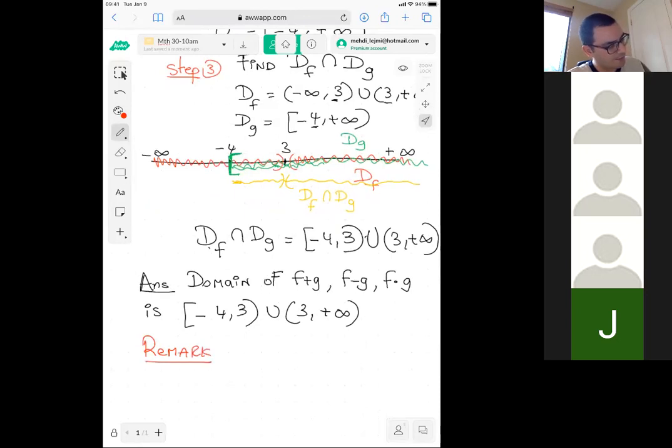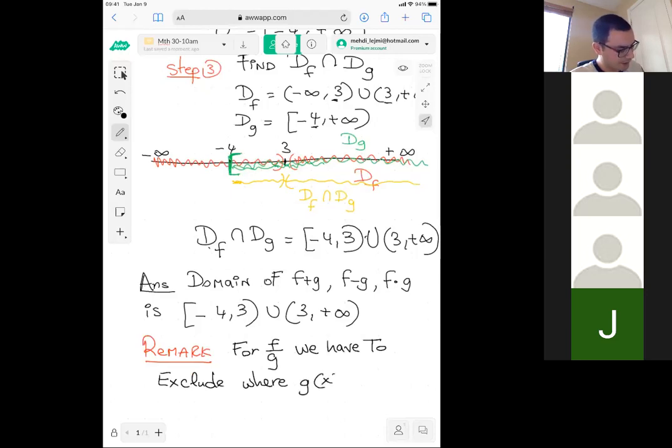So, a remark: for f over g, we have to exclude the values of x where g of x is 0.